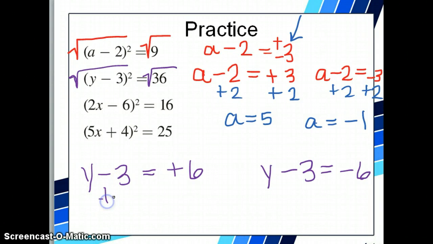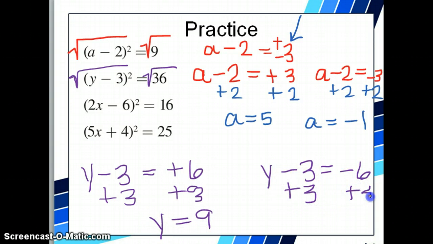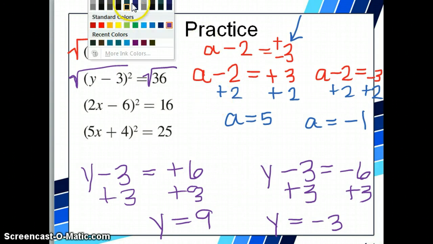Then I just solve. So y can equal 9, or y could equal negative 3. Again, because we're changing the order of when we take that square root, that's ultimately what happens here. We'll get two separate answers.